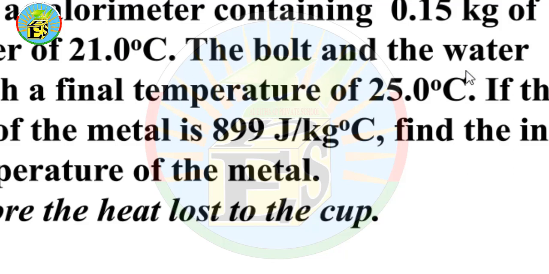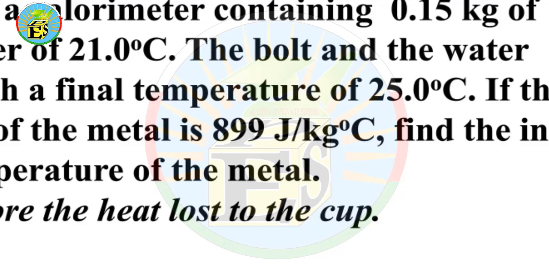The metal piece and the water reach a final temperature of 25. So the final temperature of the water equals the final temperature of the metal, 25. The initial temperature of the water is 21, but the initial temperature of the metal we don't know.